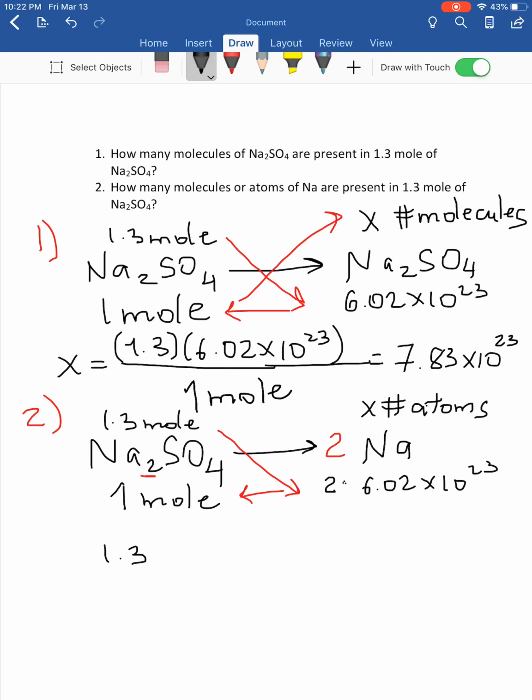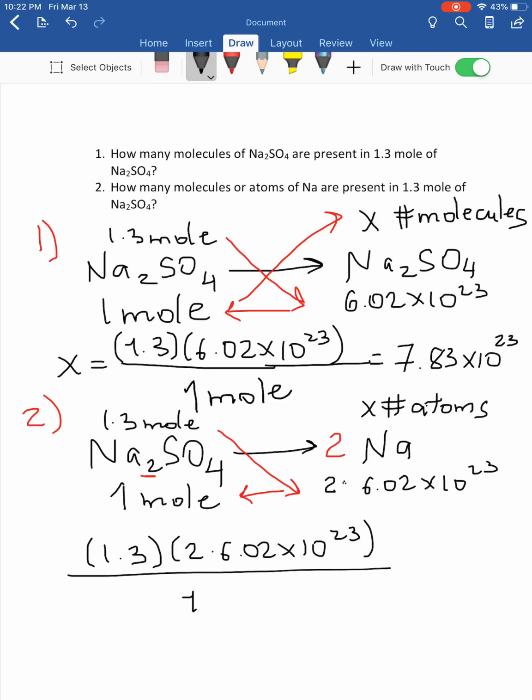So 1.3 times 2 times 6.02 times 10 to the 23 divided by 1 will give us 1.56 times 10 to the 24.